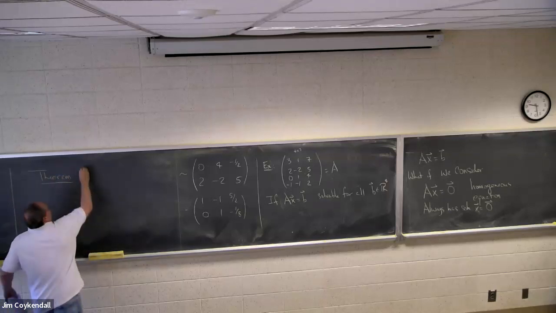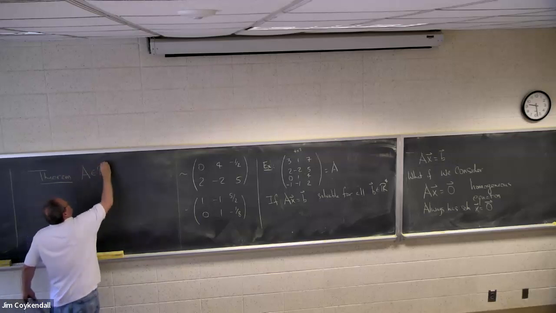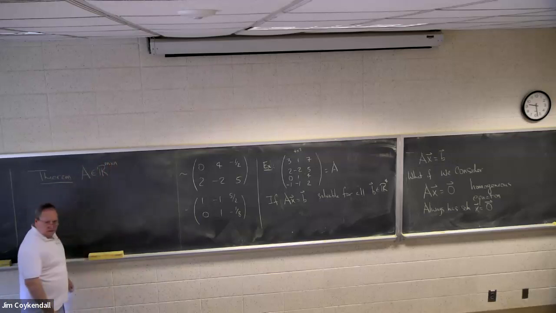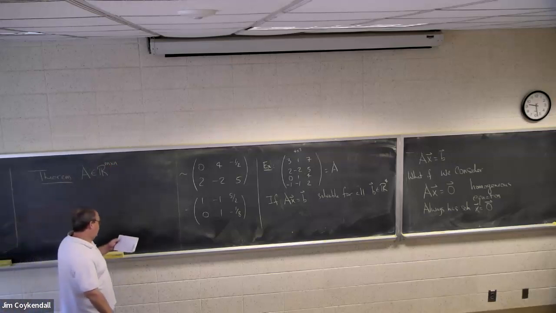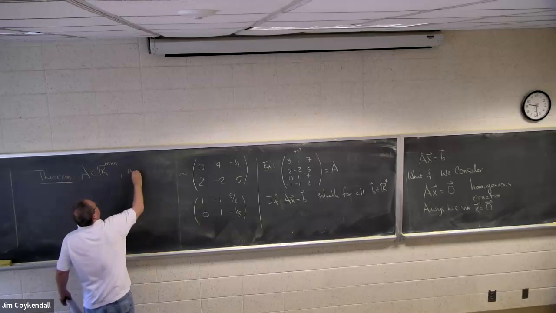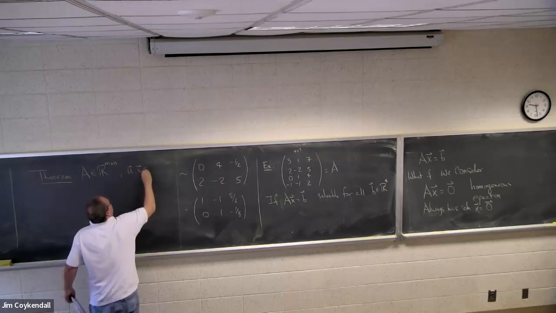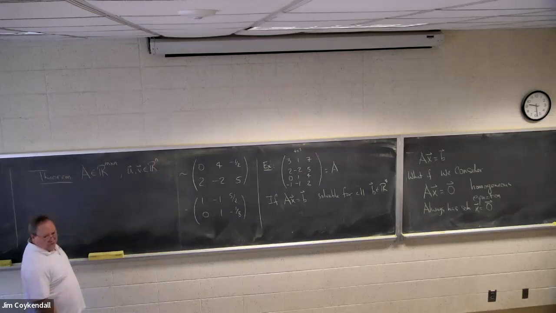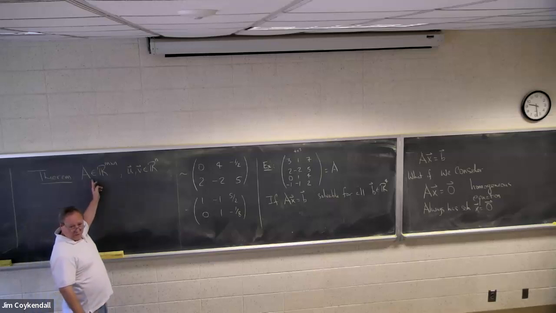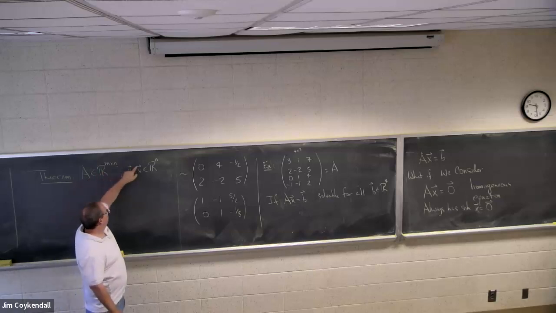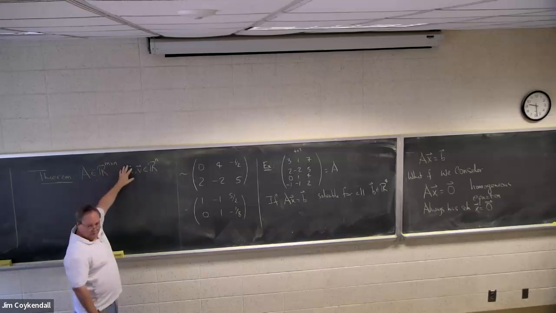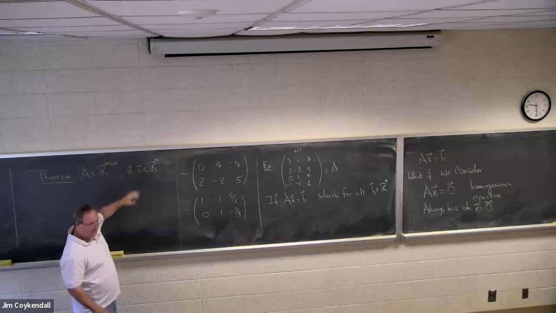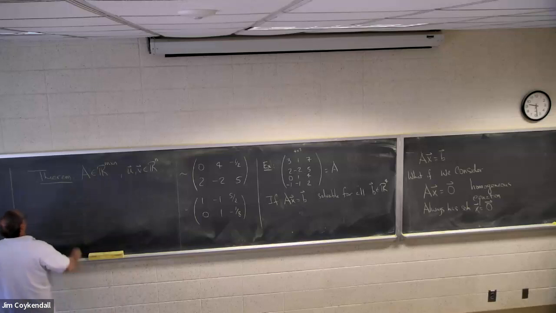Suppose that A is, again, your favorite m by n matrix. Let's say that U and V are n by 1 vectors, which just means you can multiply A by U and A by V, and your output is going to be m by 1. And lambda is in R.